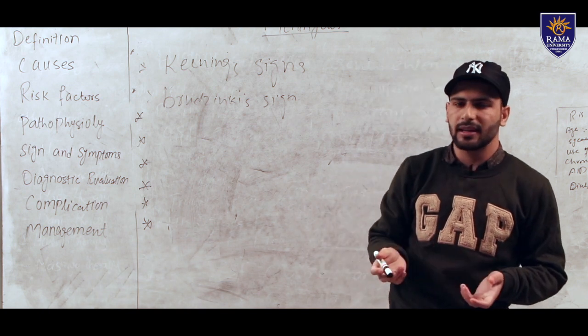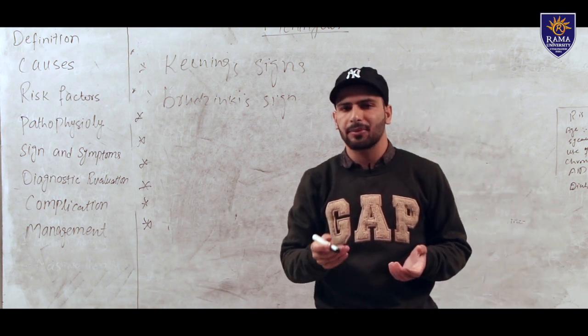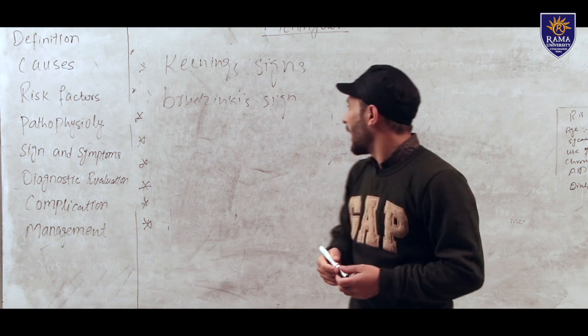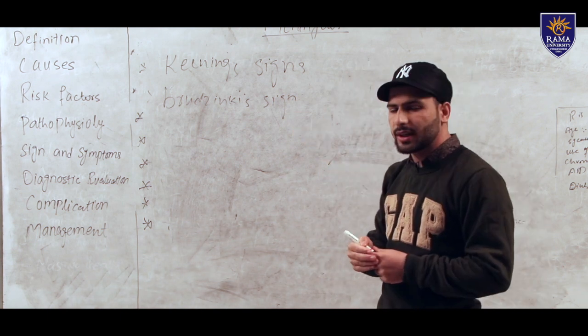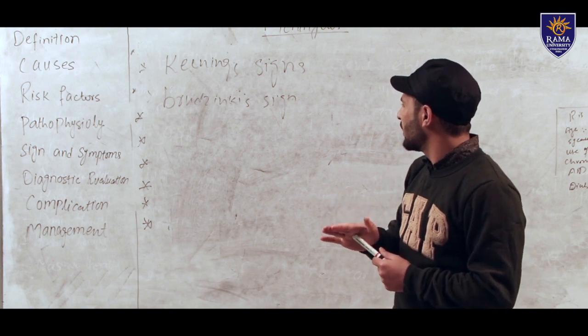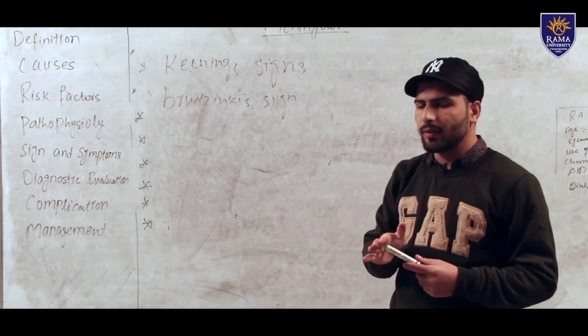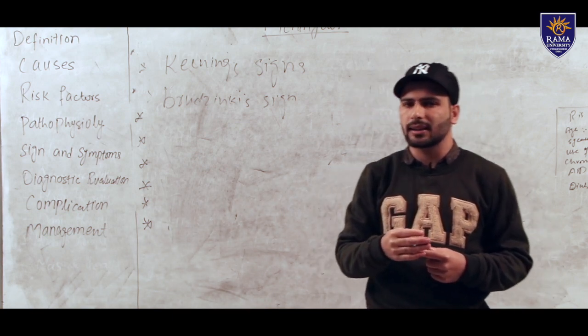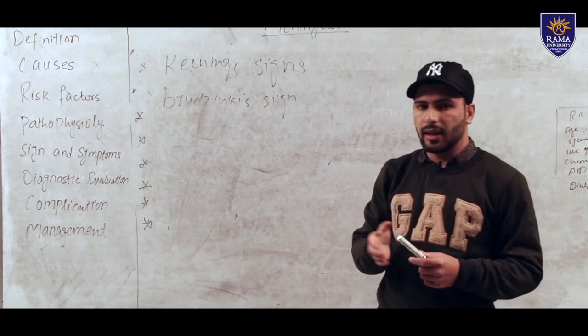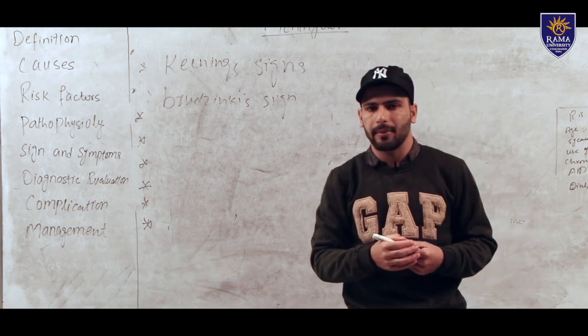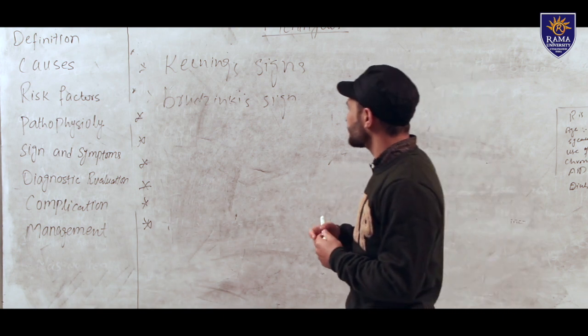The patient may feel severe pain in the hamstring muscles in legs. And in the Brudzinski sign, when the patient is lying in supine position, neck flexed, resulting in flexion of both the hips, knees, and ankles, showing meningeal irritation.